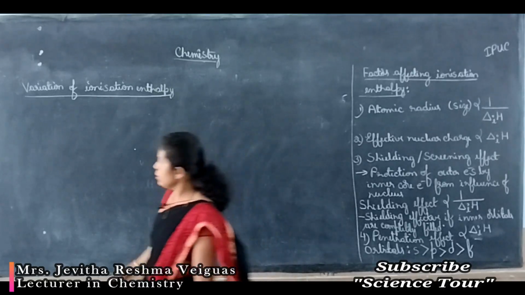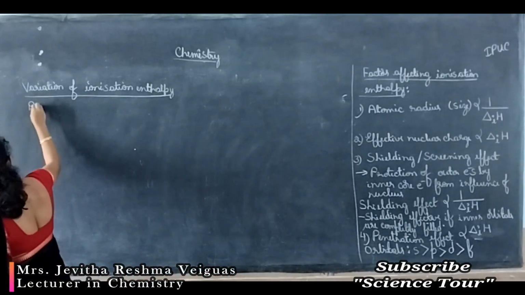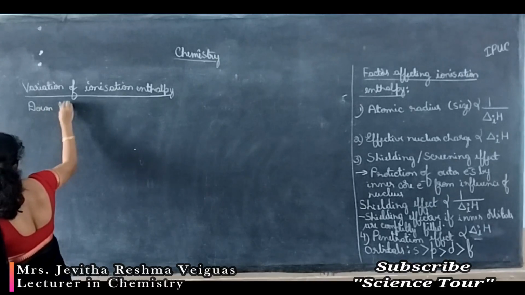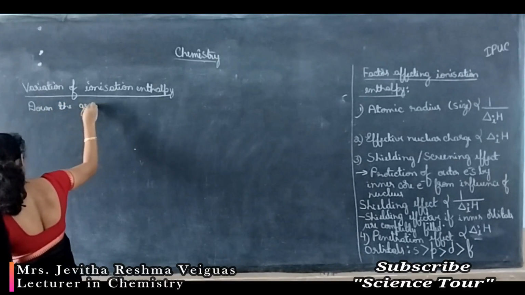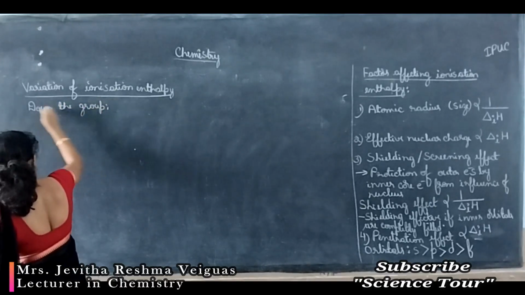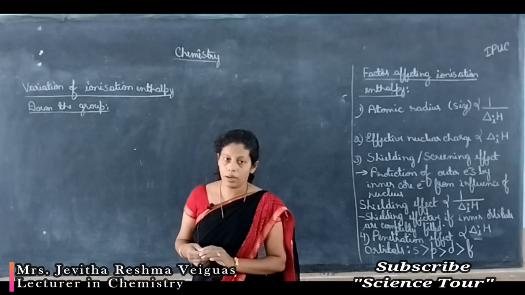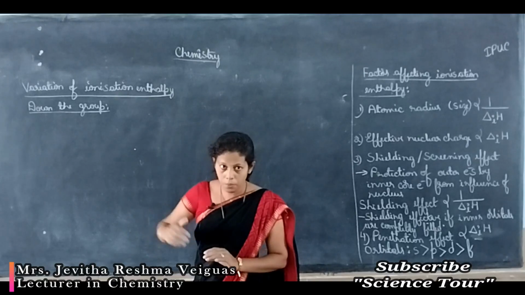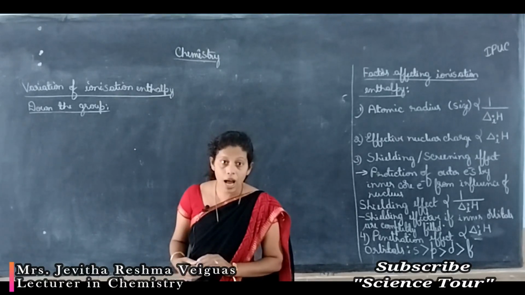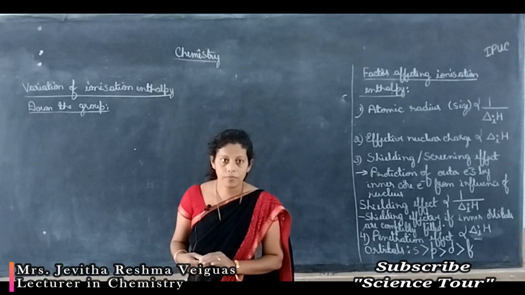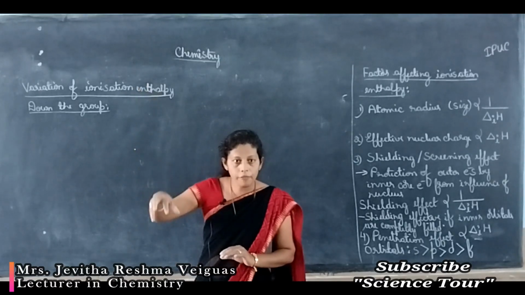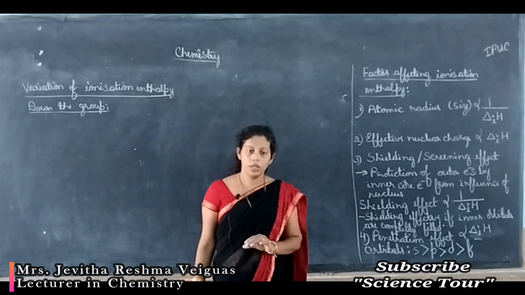First, let us consider variation of ionization enthalpy down the group. Down the group, what happens to ionization enthalpy? As you move down the group, size of an atom increases because number of electrons increase down the group.